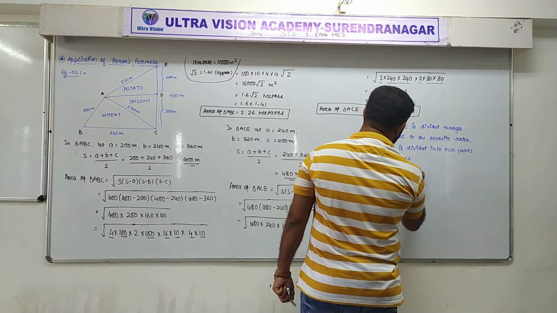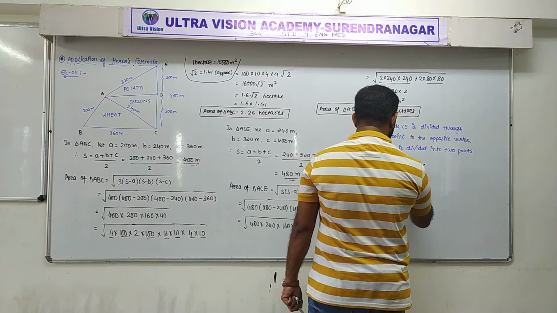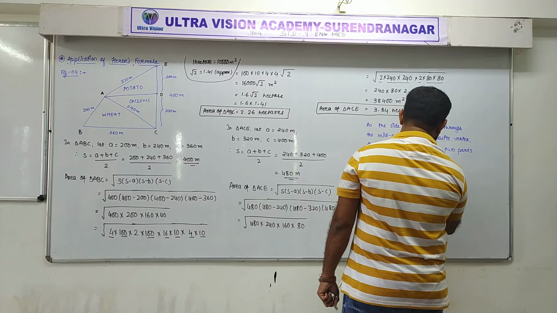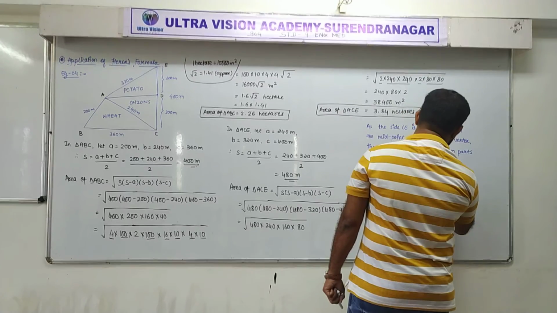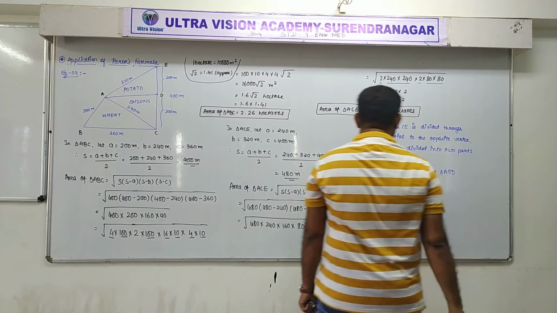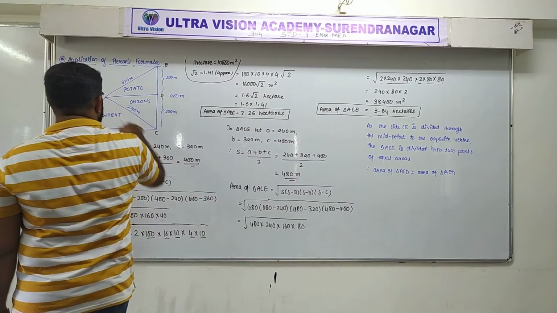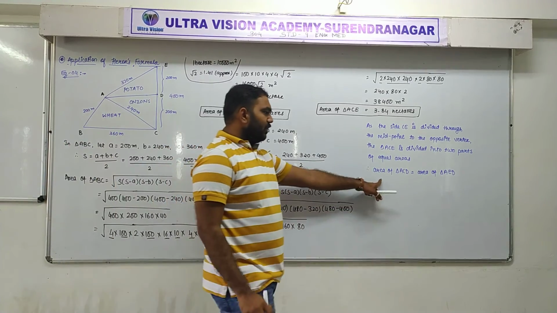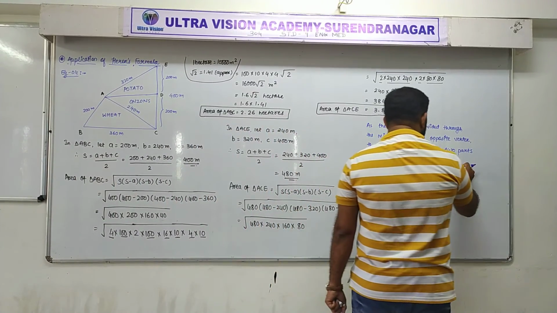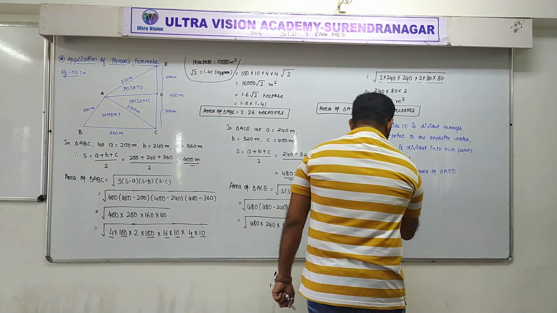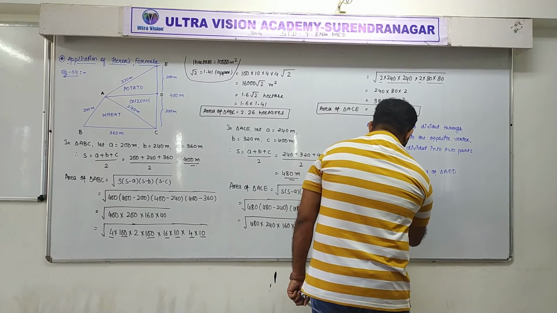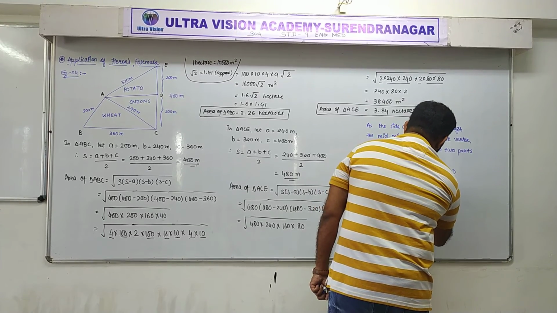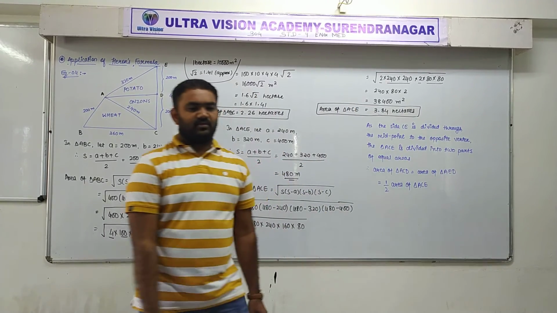Therefore, area of triangle ACD is equal to area of triangle AED. These triangles ACD and AED will be equal. And what will the value of these two triangles be? Each will be half the area of the bigger triangle.